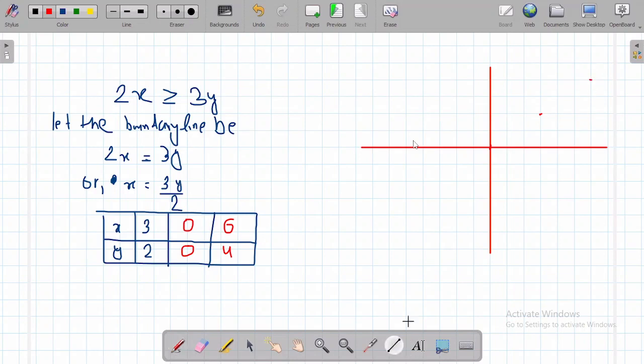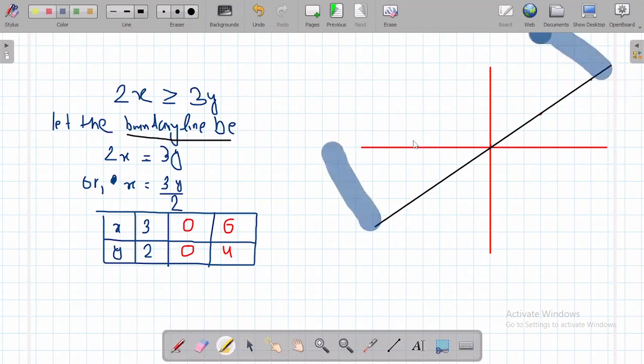Okay, now let's draw the line. The line will be like this way, I think. This is the line. Okay. So after this line, now this is the boundary line. Now we need the boundary region. So the arrow will be either this side will be the arrow, or this side will be the arrow.